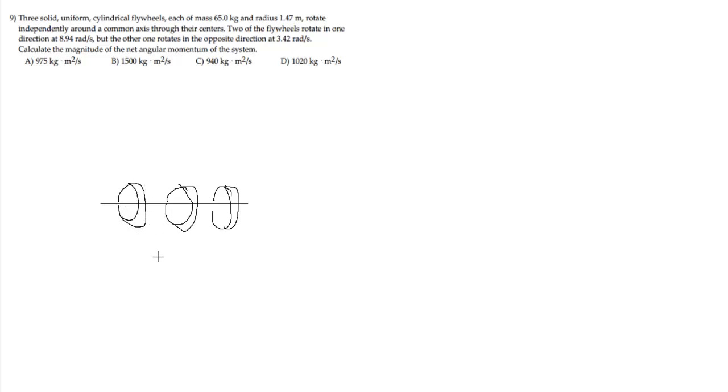So 2 of these are spinning with an omega, let's say this way, just for fun, of 8.94 radians per second. This one and this one. But this one is spinning in the opposite direction of the other 2 at 3.42 radians per second.